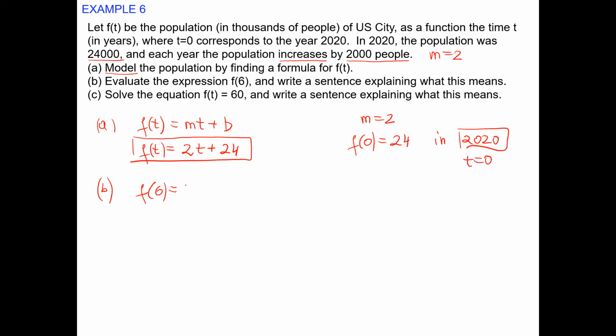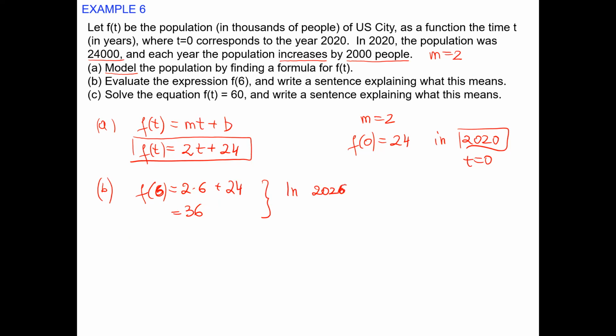That means this will be 2 times 6 plus 24. I think it's 36, but it's in thousands. We can say that in 2026, because it's 6, the population will be 36,000 people.